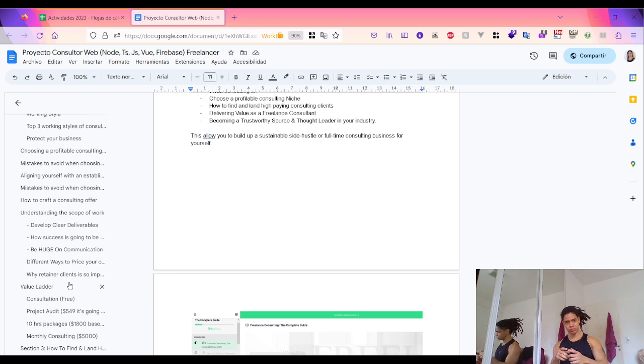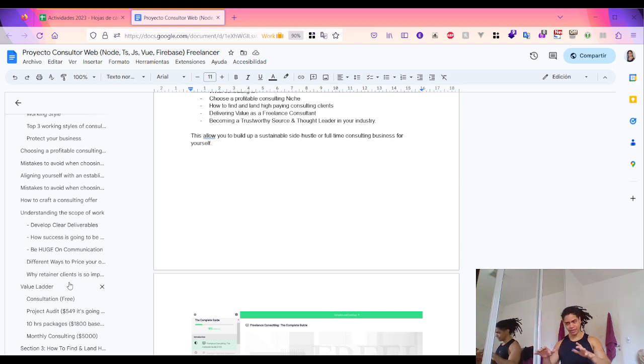This now leads to the value ladder, especially as I'm looking here at this course to see how I can become a business consulting freelancer. So setting a value ladder is very important.